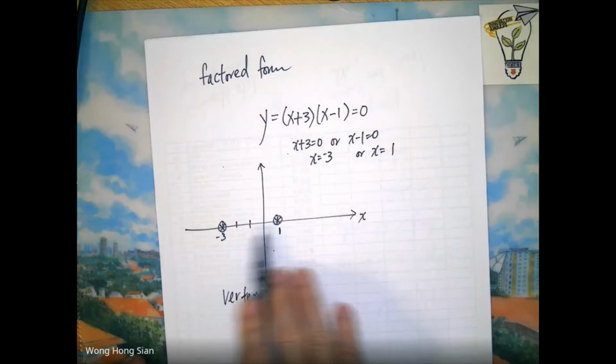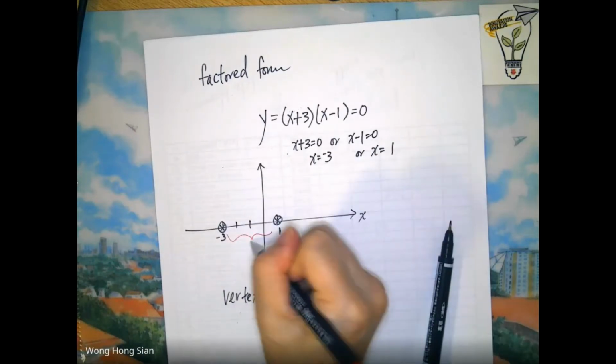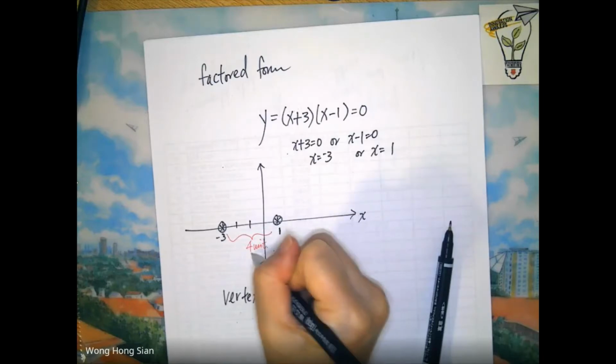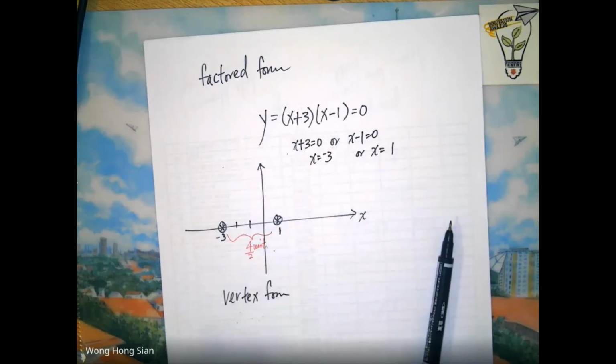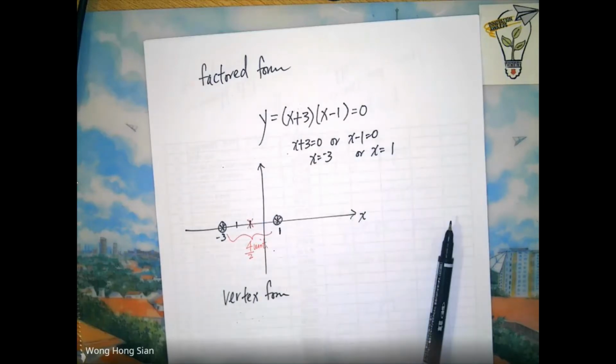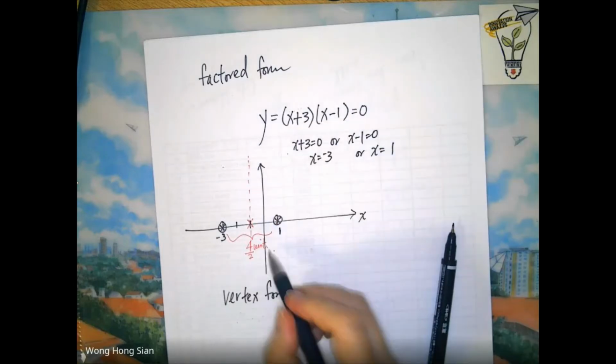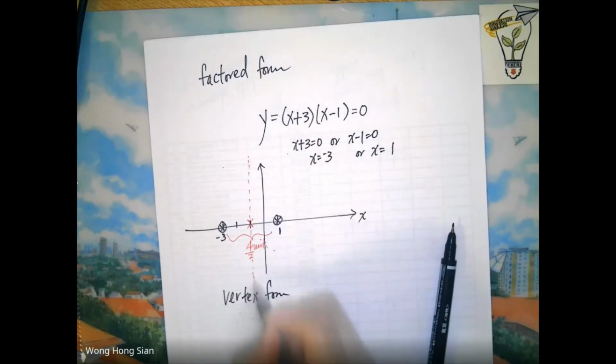This full length is 4 units. If you divide by 2, that is 2 units, and that means this is where the center is. So the line of symmetry is going to pass through the center here.